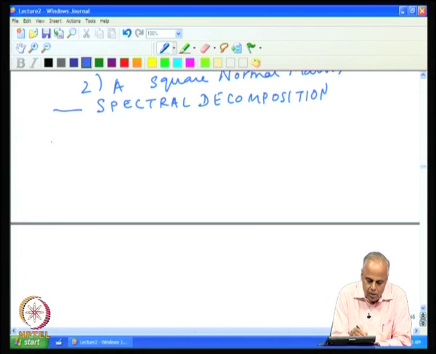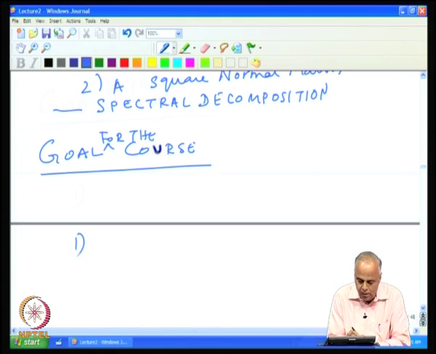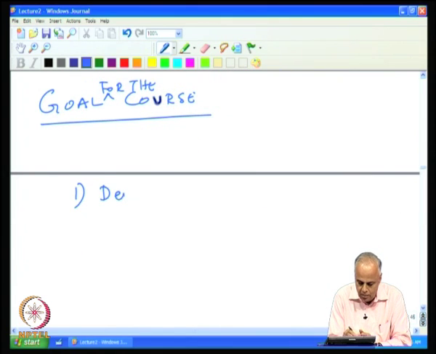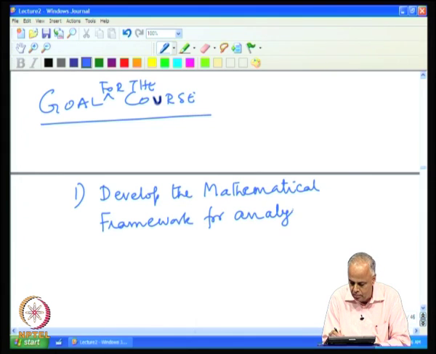Our goal for the course shall be the following: one, develop the mathematical framework for analyzing these problems.